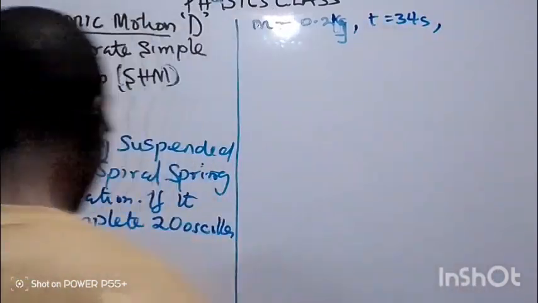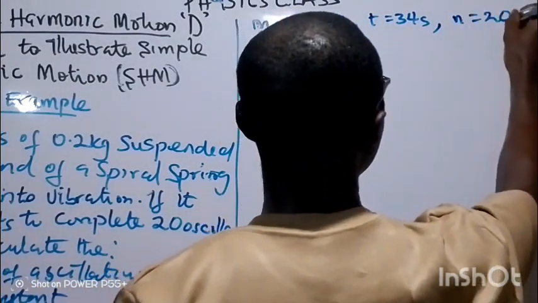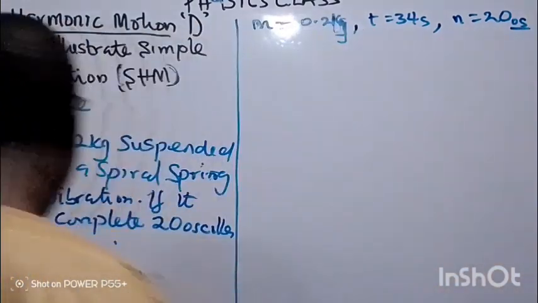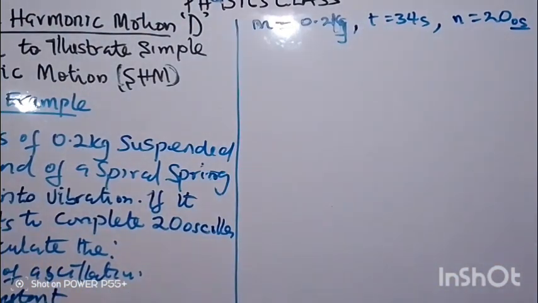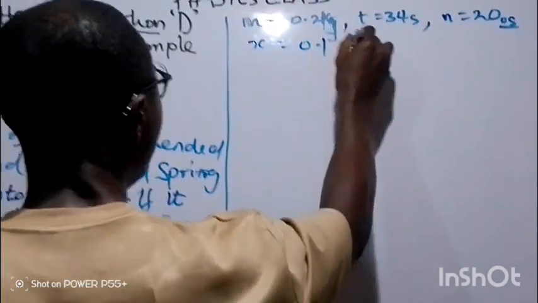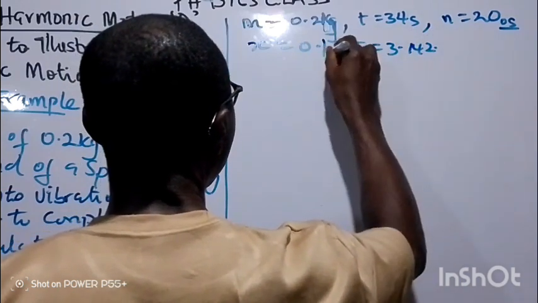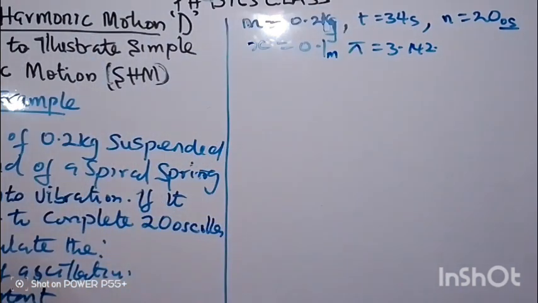The number of oscillations, N, is 20 oscillations. What else is given? At the bottom of the question, displacement s is given as 0.1, and pi is 3.142.